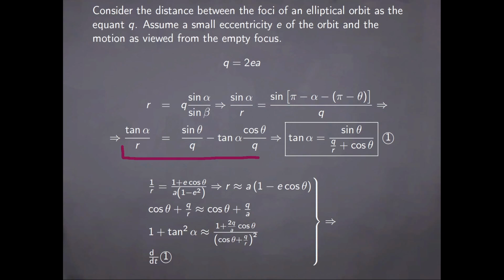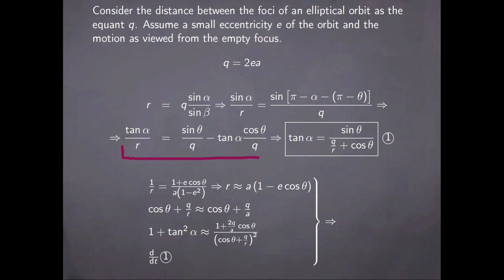So the tangent of alpha divided by r is equal to the difference here, where obviously the sine is of theta minus alpha. We expand it using the simple trigonometric identity of the sine of such a difference as a difference of products between sines and cosines.